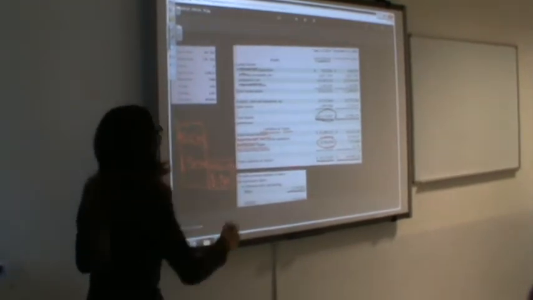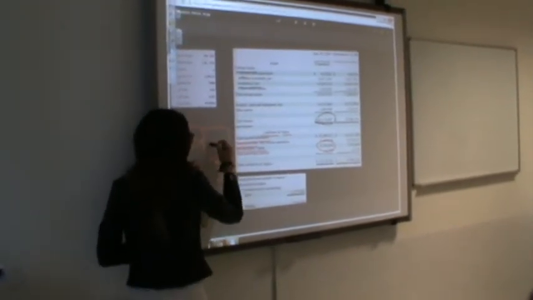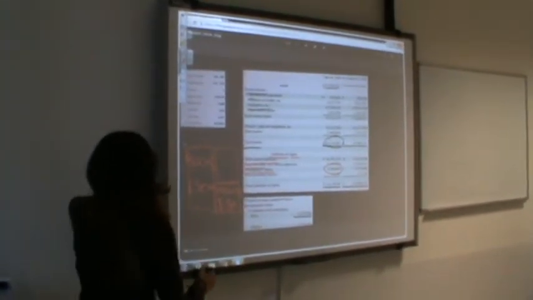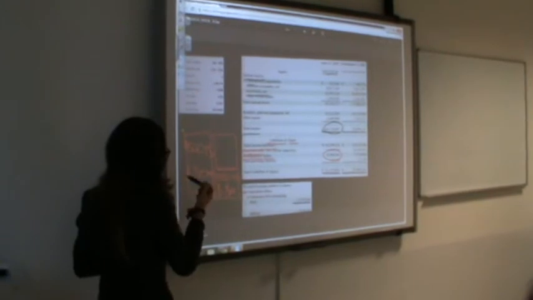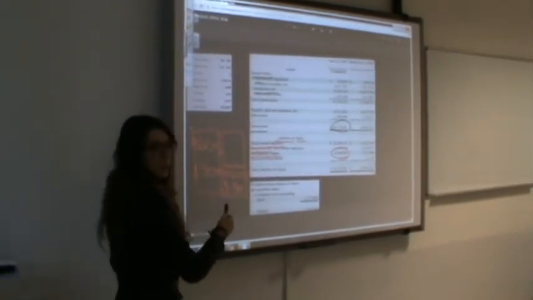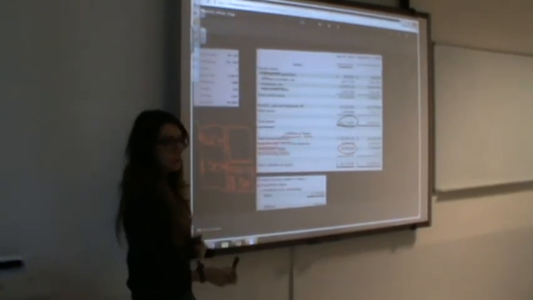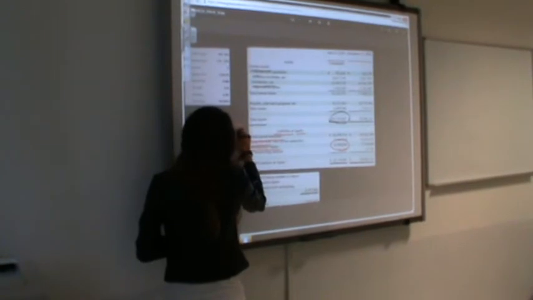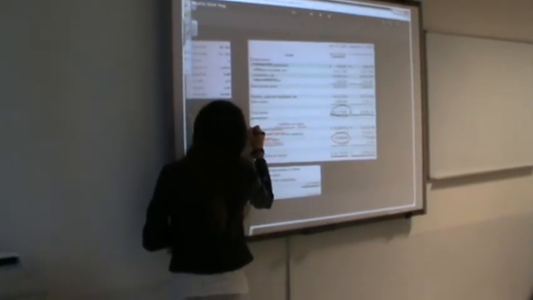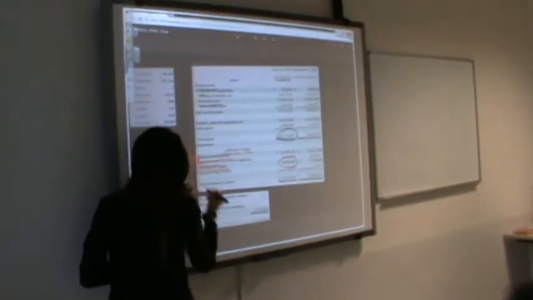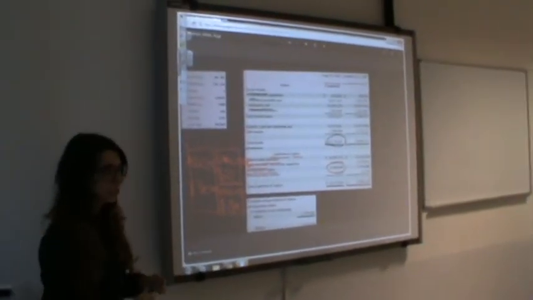If we want to find the value of the liabilities, as we said before, we must make the difference between the total of the assets and the total of the equity. So in this case, they are about $22 million. There's another thing we can do.